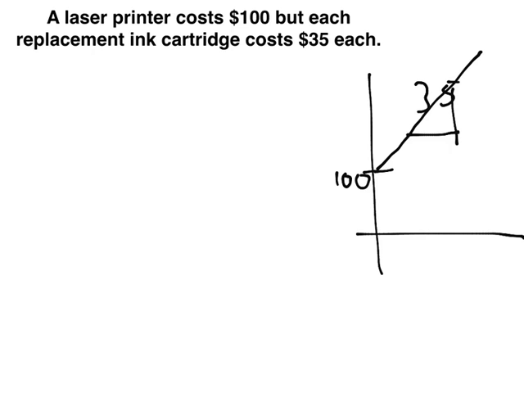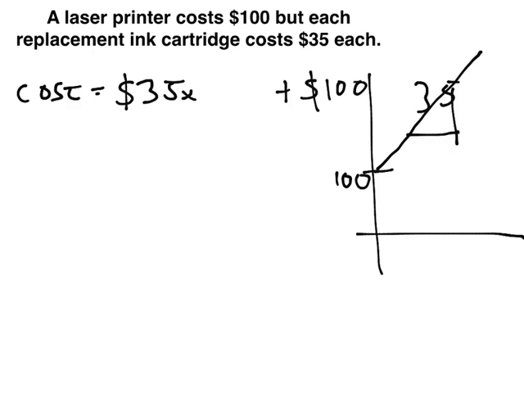So again, my cost is going to be my initial outlay of $100 plus $35 times every single cartridge that I use. So I'll just tighten it up. Let's not call it y, let's call it cost: cost is 35C plus 100, and that's a value in dollars.